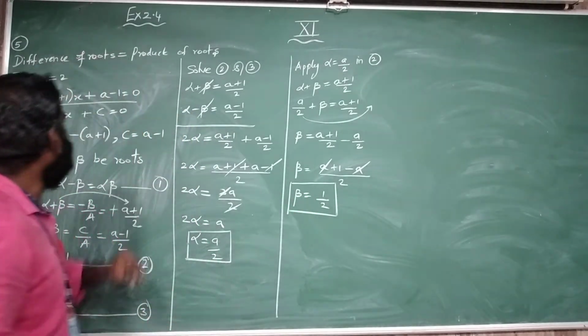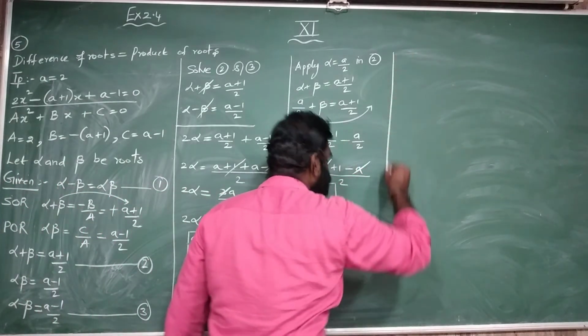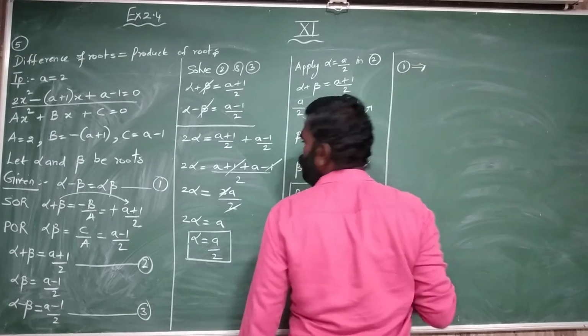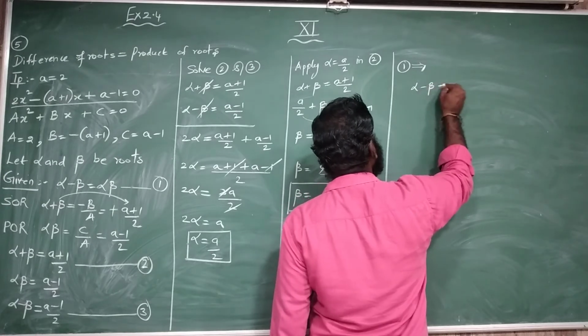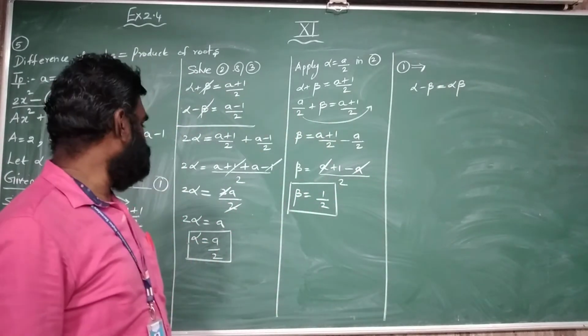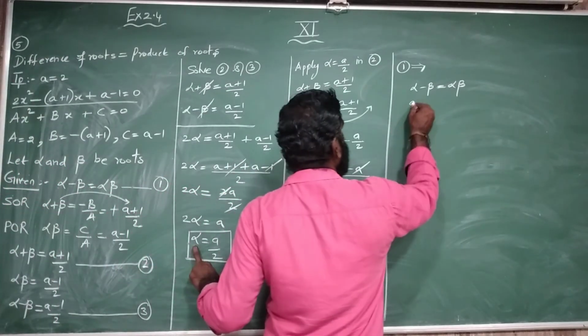Since I need to prove a equals 2, I am going to use equation 1. What is equation 1? Equation 1 is alpha minus beta is equal to alpha beta. What is alpha minus beta? What is alpha here? a by 2.